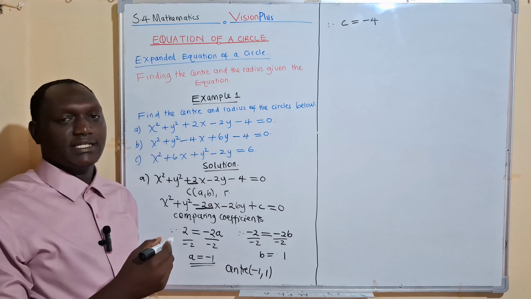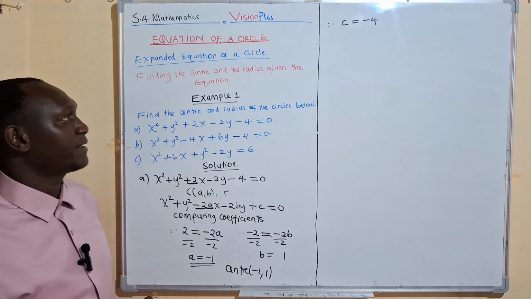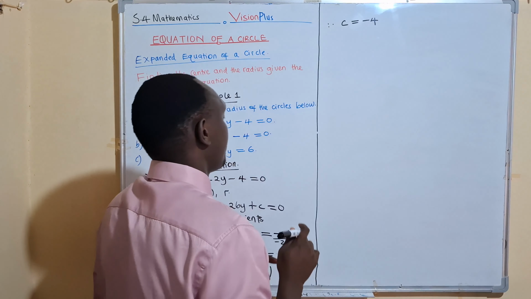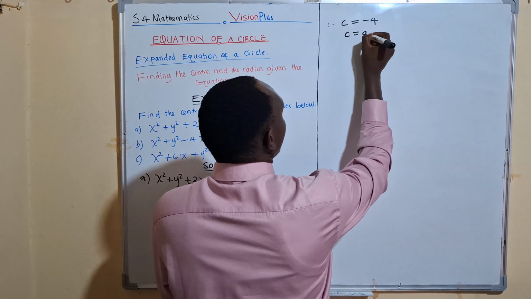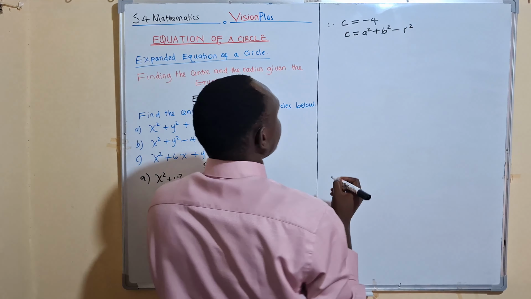That means negative 4 equals c. It means c equals negative 4. The two sides are the same. So now you have c here, but you don't have r. But there's a formula given that c is a squared plus b squared minus r squared.